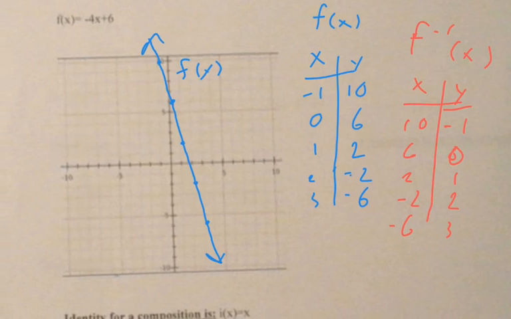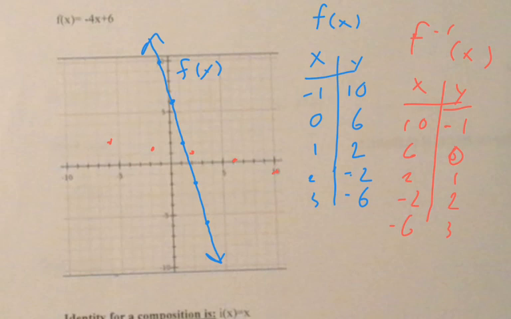So if I was to graph those, I have 10, -1; 6, 0; 2, 1; -2, 2; and -6, 3.